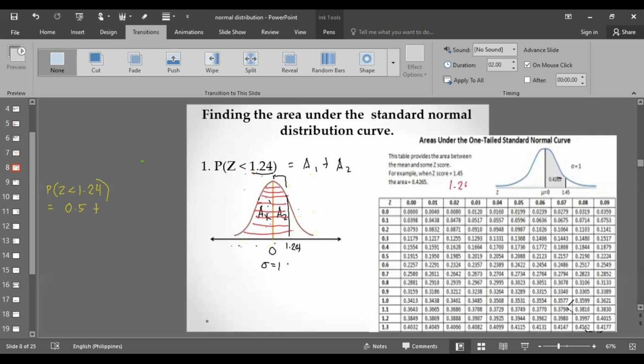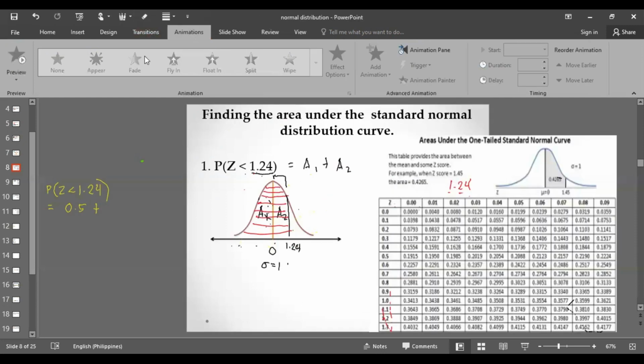The z-score is 1.24. This is the whole number part and this is the decimal part. You have to look at the whole number part, or the ones here, which is 1, and the tenths in the decimal part. So we have 1.2. Look for it in the first column. So 1.2 is right here. Then consider the hundredths this time.